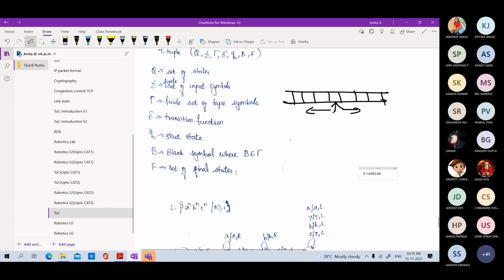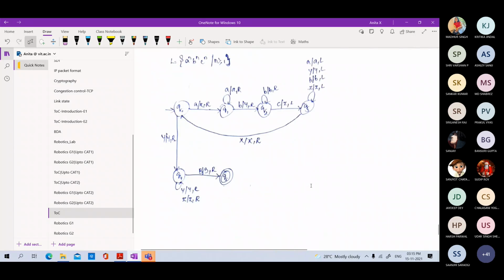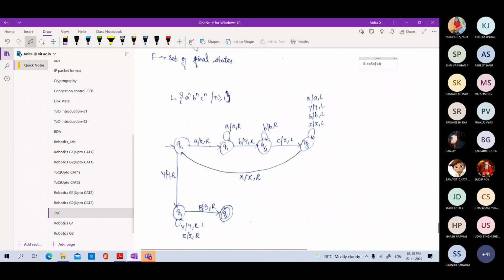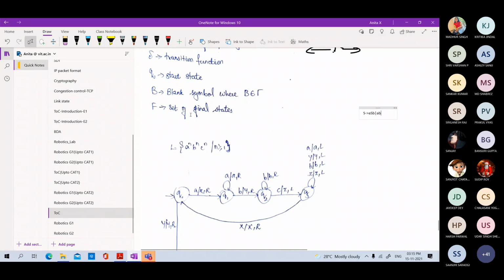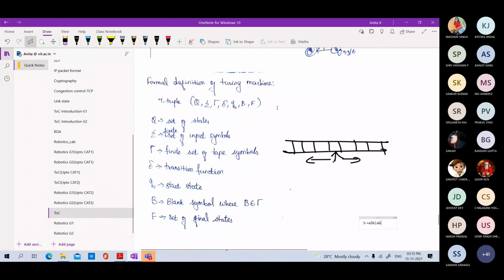So the blank symbol can be any symbol. Here we have proceeded with capital B as the blank symbol. When we refer to books, each book follows a different convention, and any symbol can act as blank.